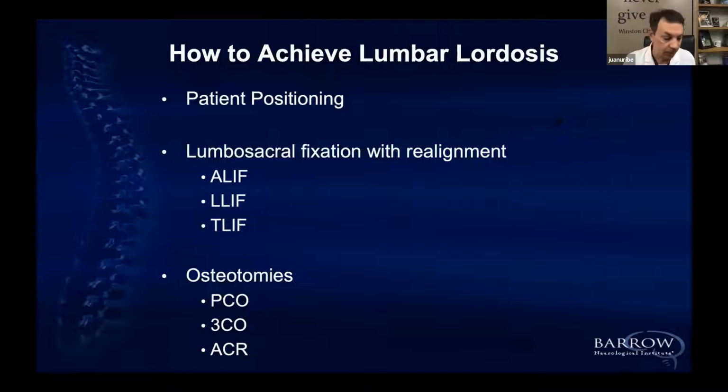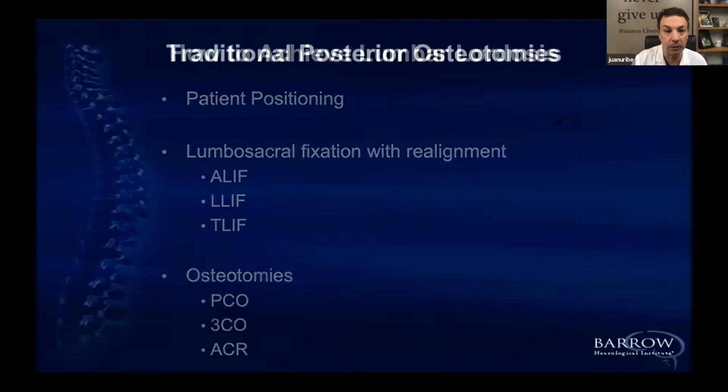I love ACRs, but I try to do them only when I have to, because if I go anterior and hit one of the vessels, the complication is horrible. Same thing with PSOs, which are morbid. So sometimes it's better to do a bilateral facetectomy and just an XLIF without the ACR, and you get good lordosis, or just an ALIF by itself that straightforwardly gives you good lordosis.